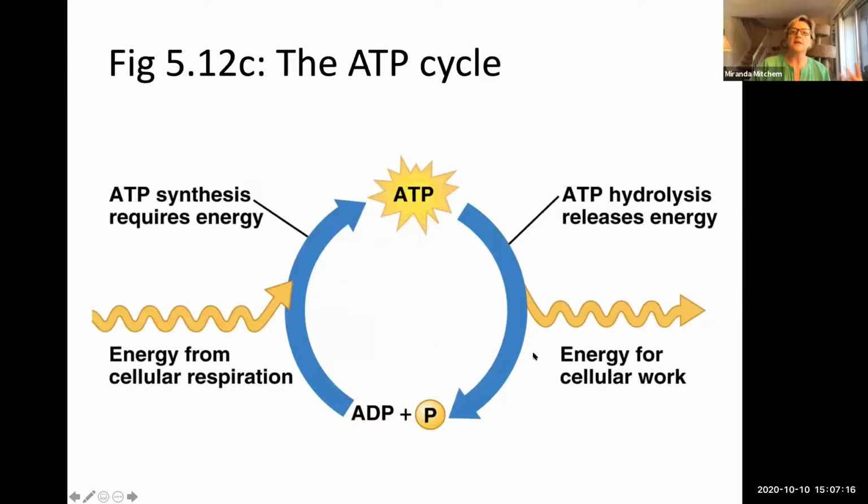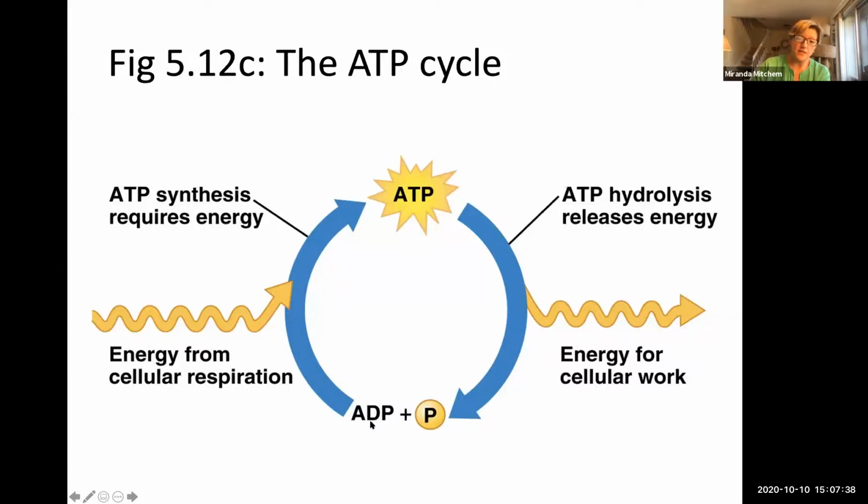So this is the complete ATP cycle, beginning with adenosine triphosphate, the hydrolysis of ATP. So adding water across that bond releases a phosphate group, which then can be used, that energy can be used for anything the cell needs.